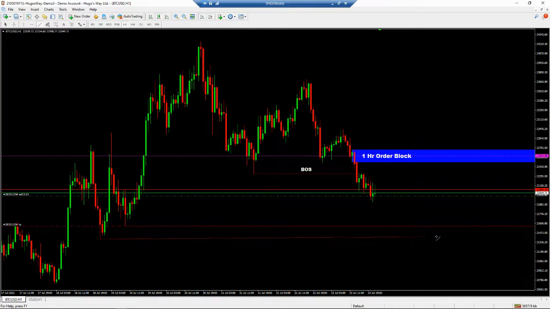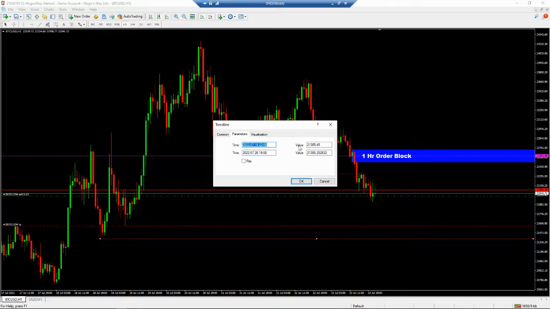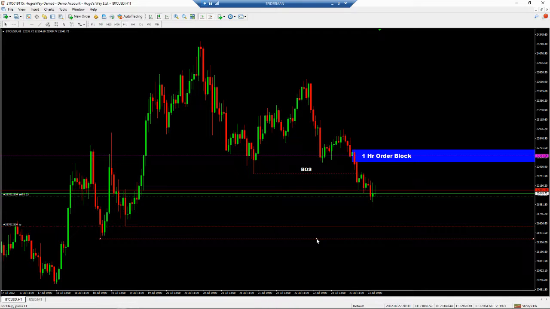At any rate, I'm gonna draw another line from the end point of that wick to here, and to make sure I got that perfectly horizontal, I'm gonna go in here and make these values the same exact numbers. That way I know it's perfectly horizontal.